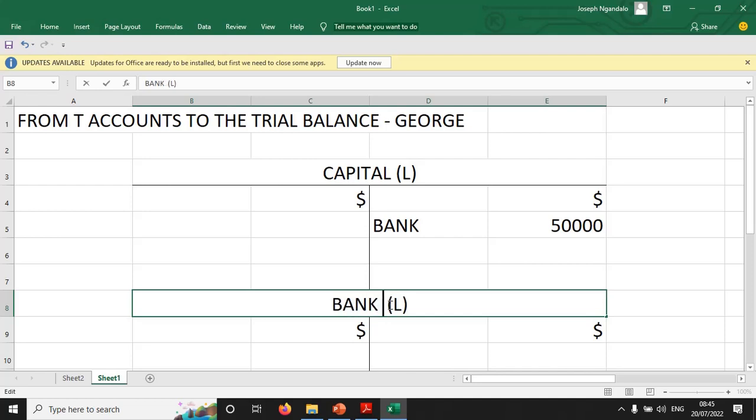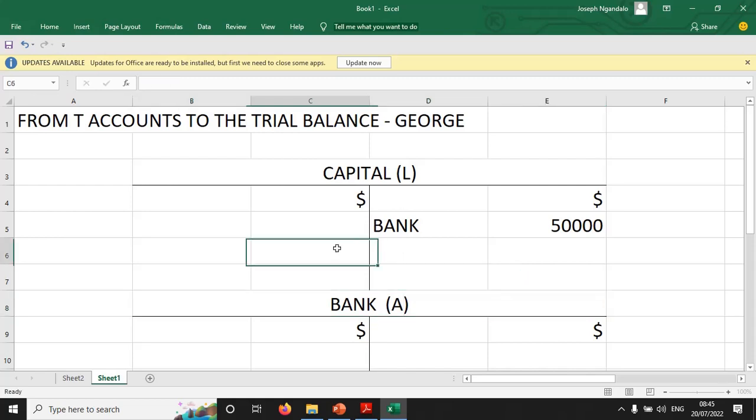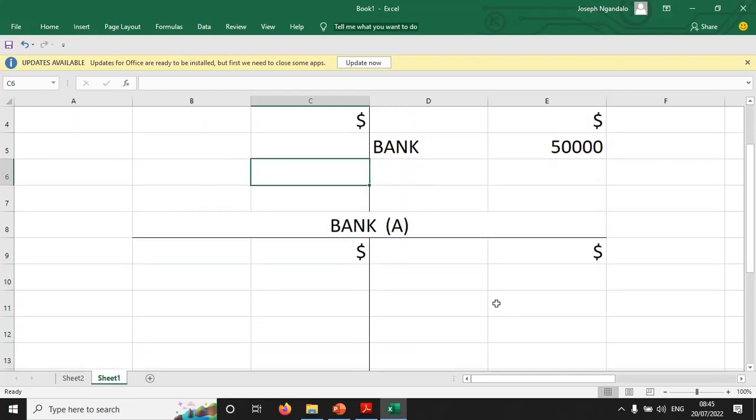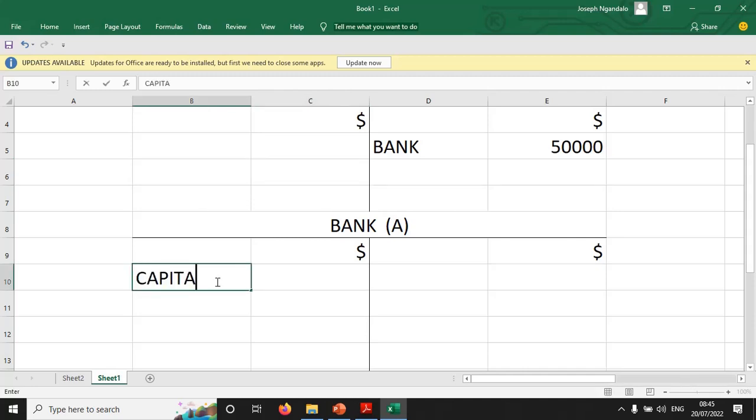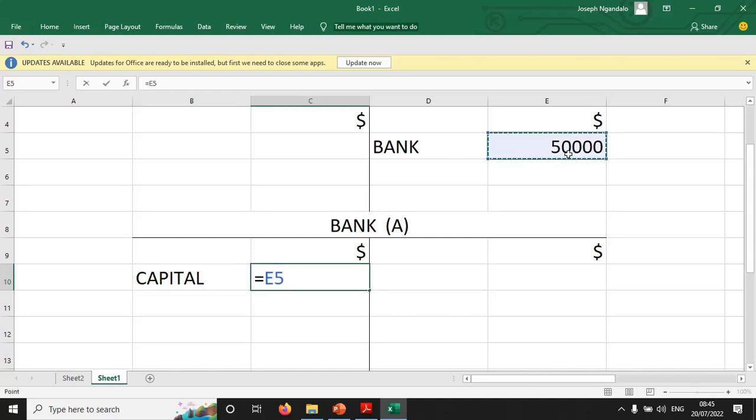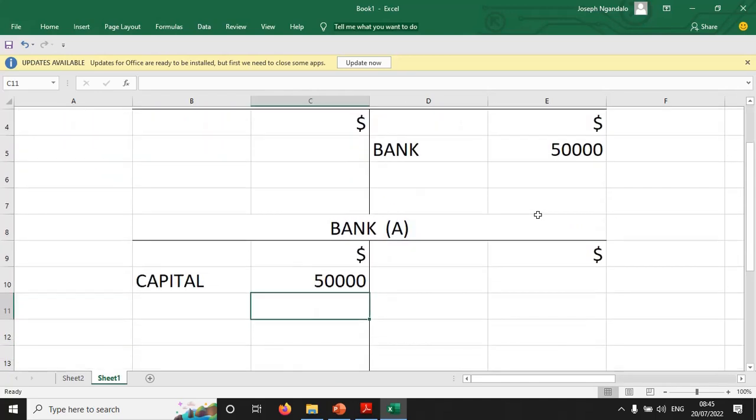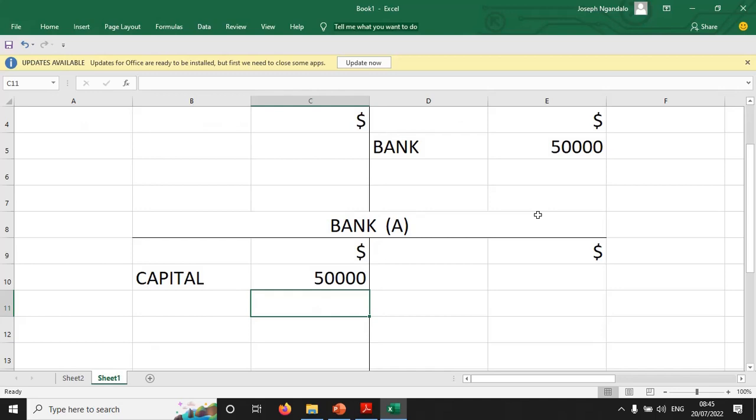Bank is an asset account. Where I put bank, you should remember that's an asset account. So where do we put the amount in the bank? On the debit, right? How much? Notice that we have completed the double entry.